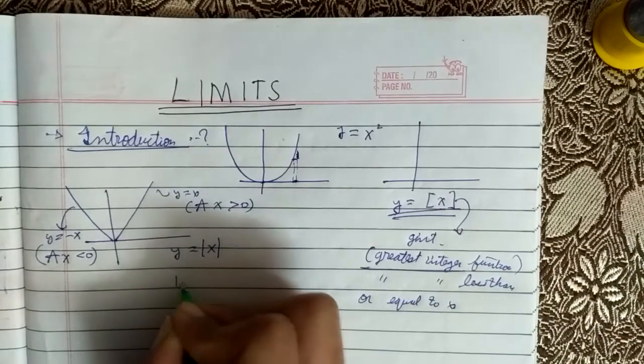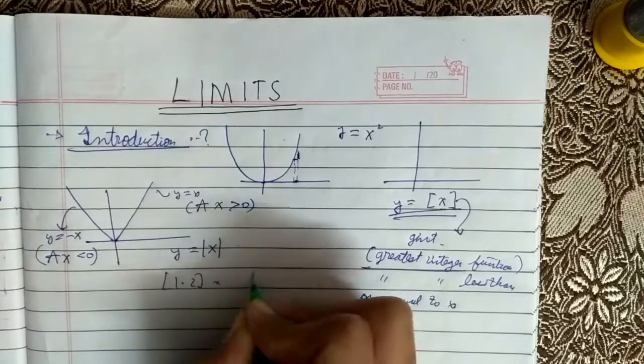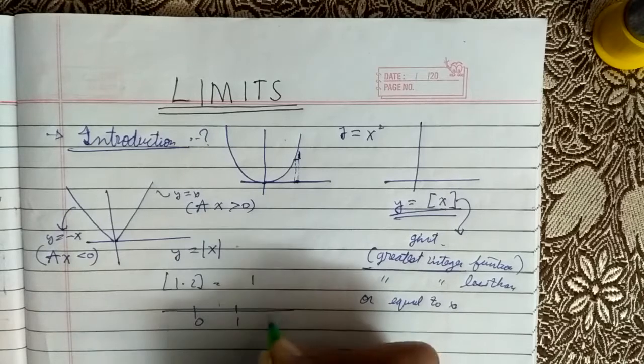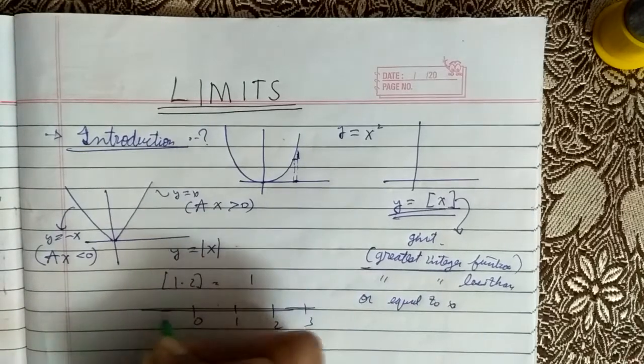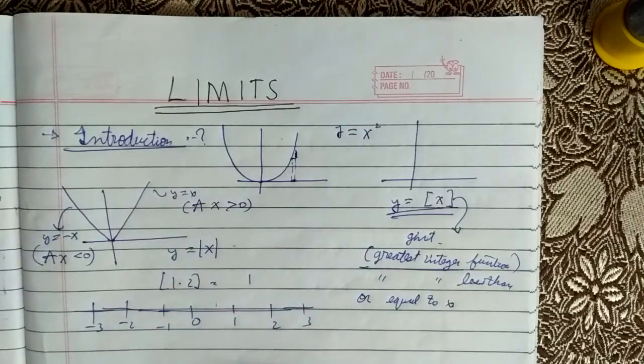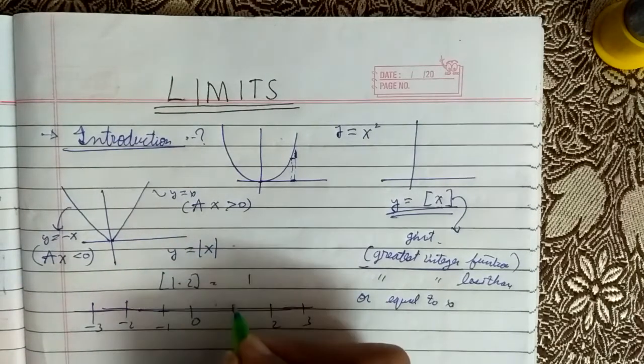For example, [1/2] is equal to 0. If we draw a number line, let's say 0, 1, 2, 3, minus 1, minus 2 and minus 3, the greatest integer function represents the just previous number or that number.